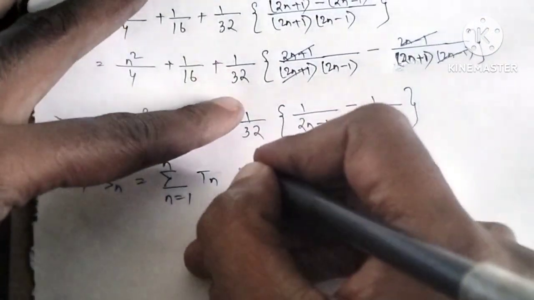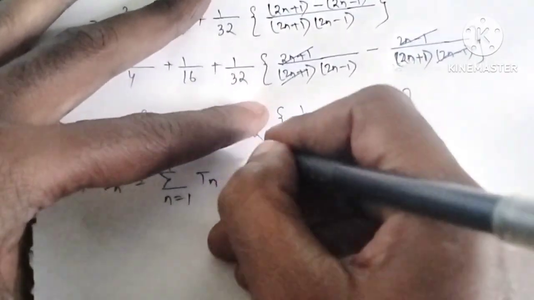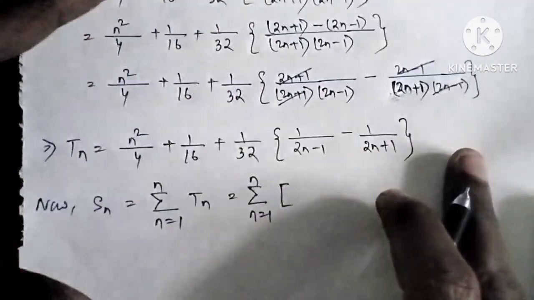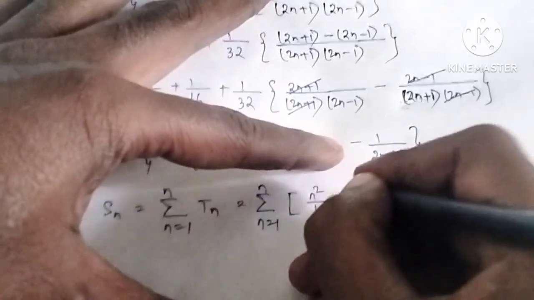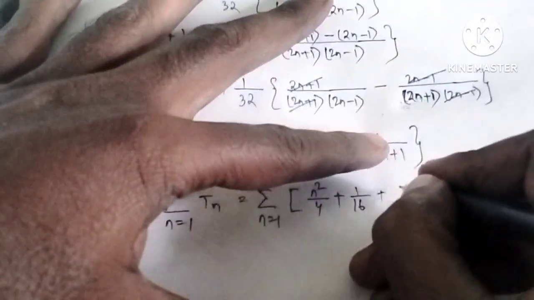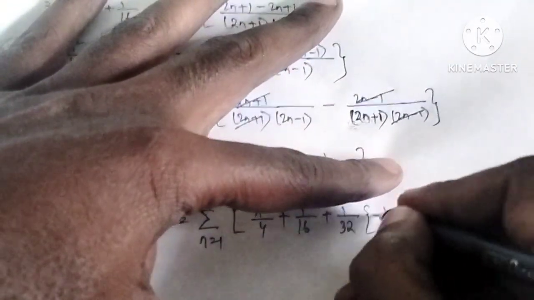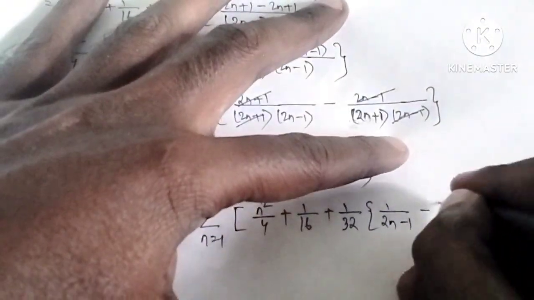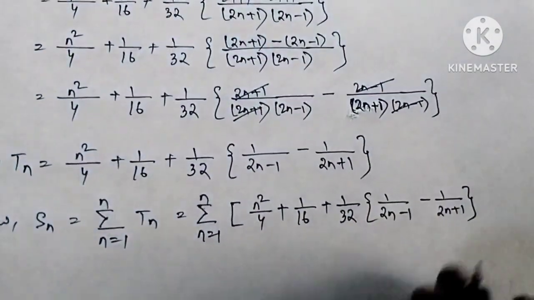Okay, so this will be n square by 4 plus 1 by 16 plus 1 by 32 into 1 by 2n minus 1 minus 1 by 2n plus 1. Okay, clear?